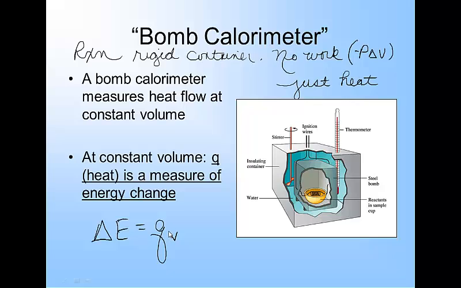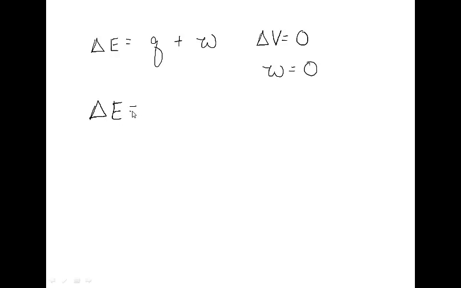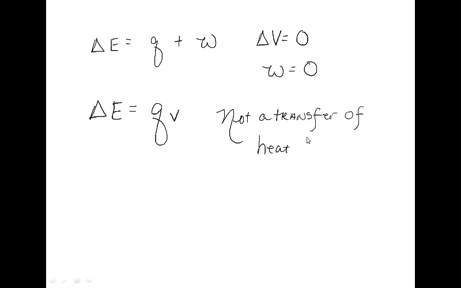All right, so let's see how this works. We already did internal energy. In a bomb calorimeter, since the volume is constant, then the work will be 0, and that's nice and simple, isn't it? So at constant volume, the change in internal energy is going to be heat, and it's not a transfer of heat, but a production of.